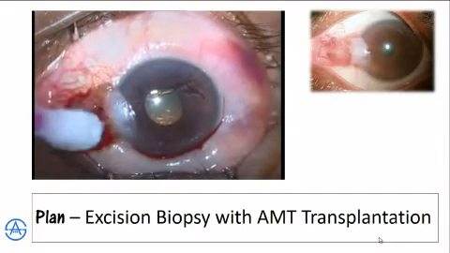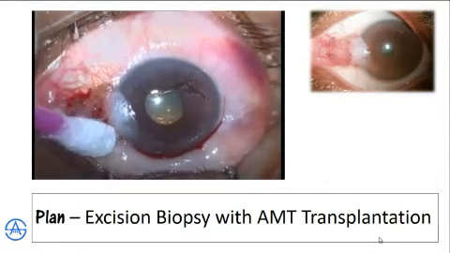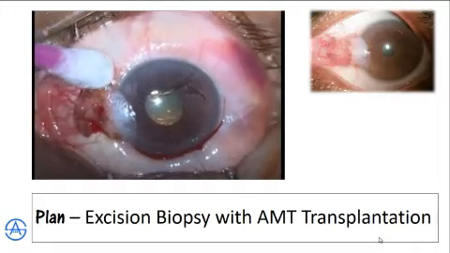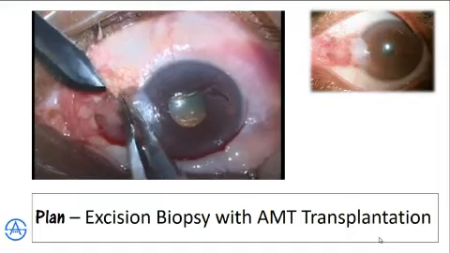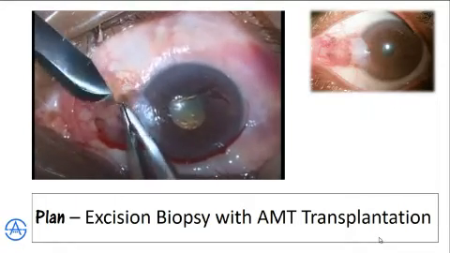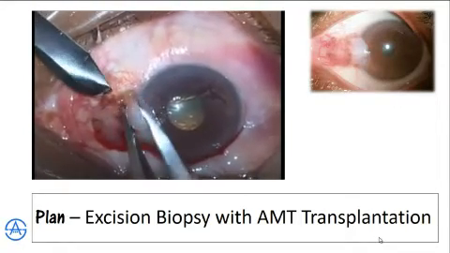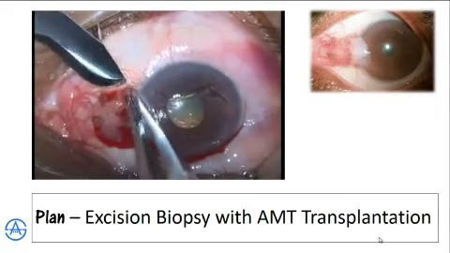Coming to the surgery, first the plane of the lesion was well demarcated. The lesion was partially excised with a tooth forceps.